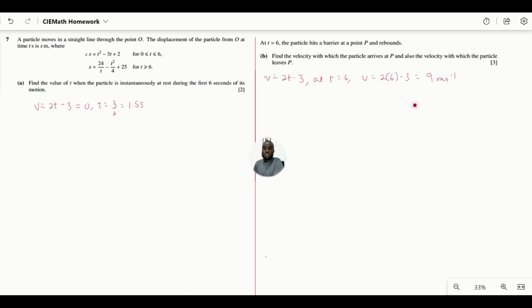The next thing we want to do is look at the speed that the particle rebounds with. And in the rebound, we are looking at the other end of t. And that's how come the second equation comes to mind.